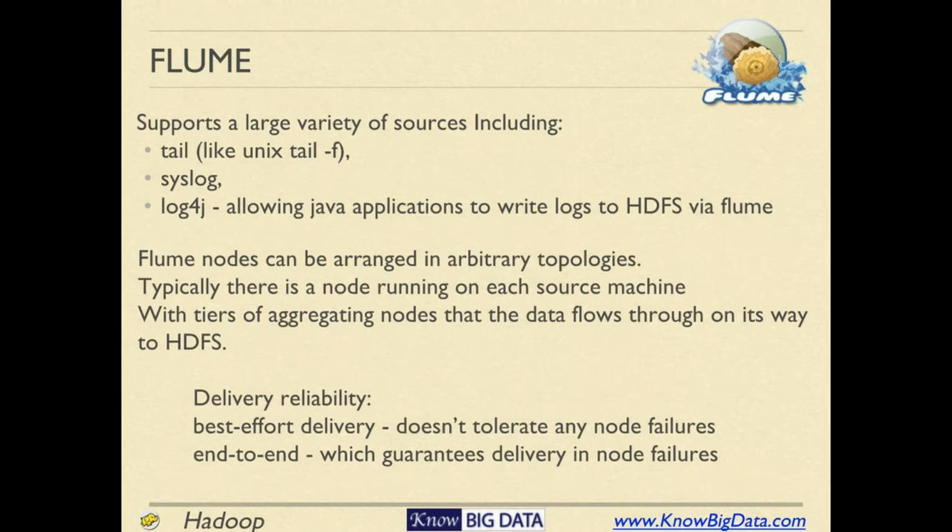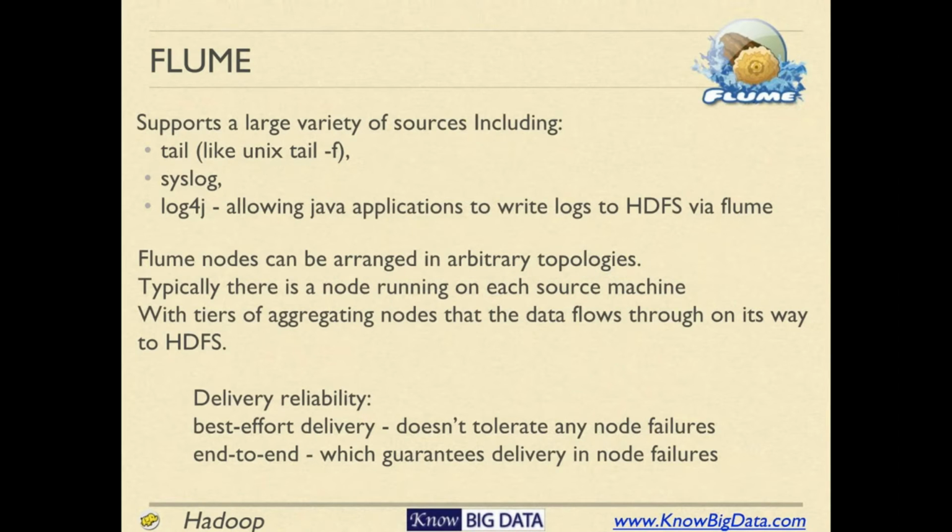Next is log4j. If you are running a Java web service or a Java server, say JSP, J2EE, or whatever, they generally give out the data using log4j. So you can have an agent pick up the data from log4j and push the data to HDFS.